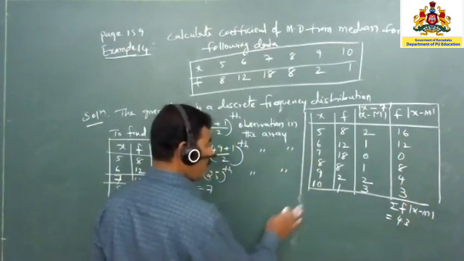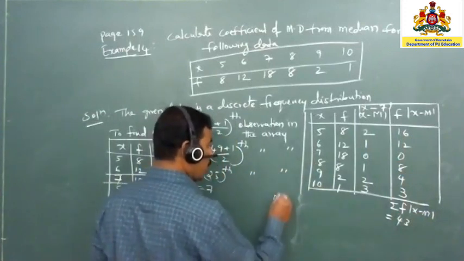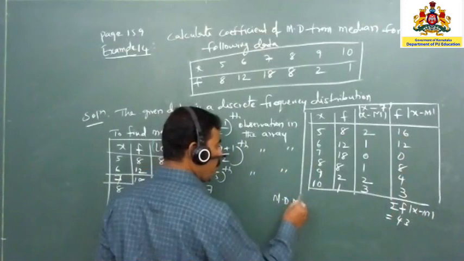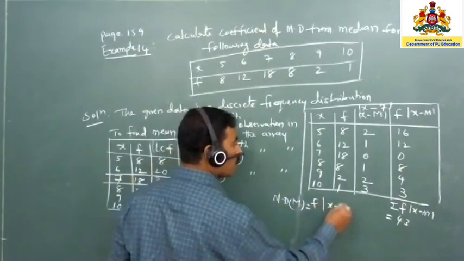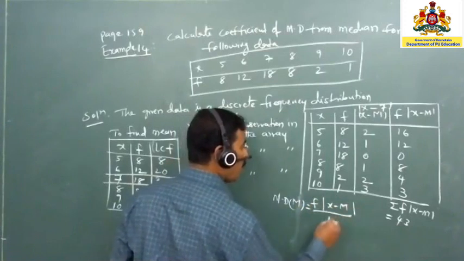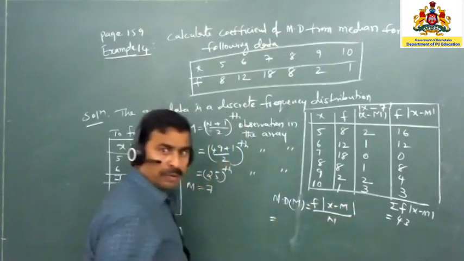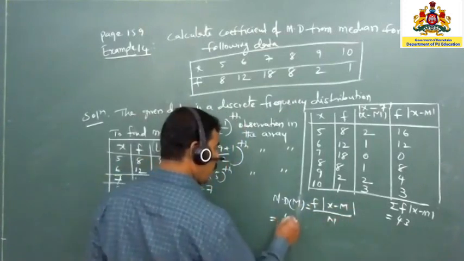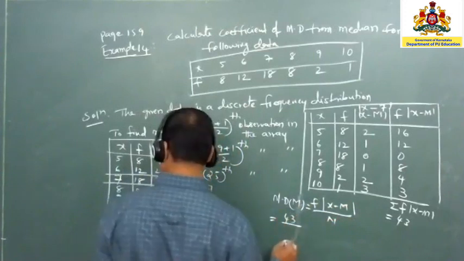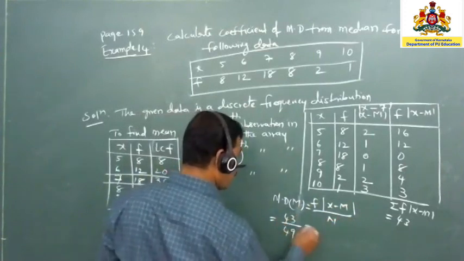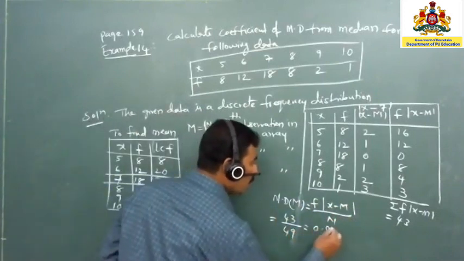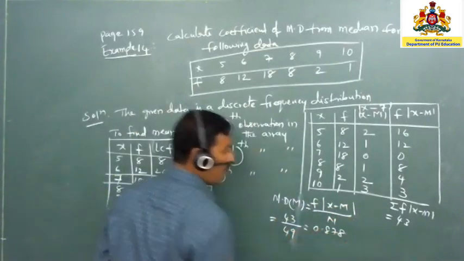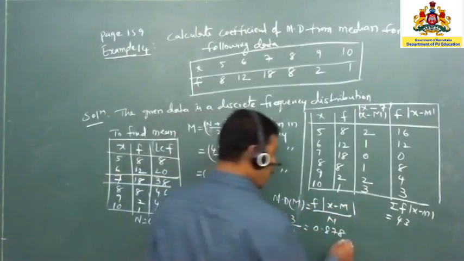Therefore, mean deviation from median for discrete data is summation f into modulus of x minus m by n, so 43 by 49, N is 49, equals 0.878.